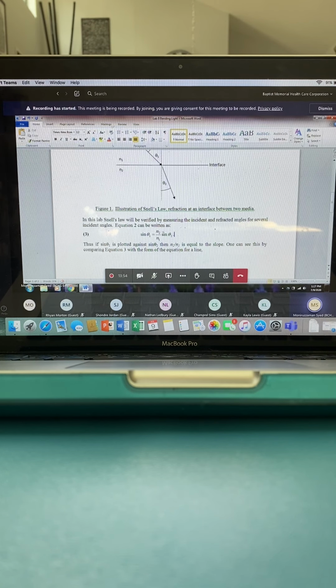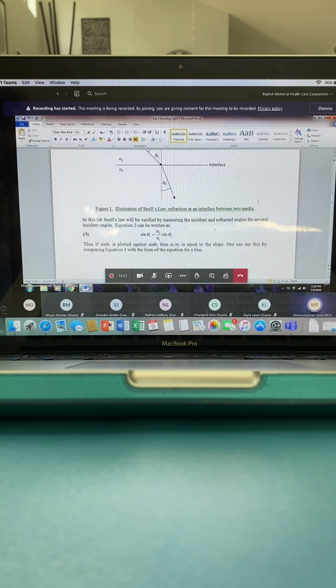Basically, if you plot the sine theta 1 value and the sine theta 2 value, you will definitely get a straight line, and that straight line will give you a slope. What is slope?